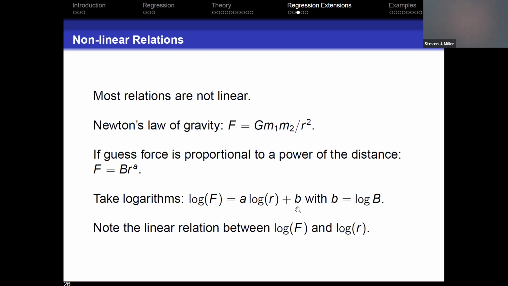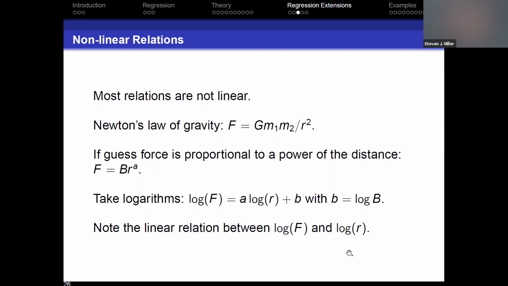And so I'm going to use little b to denote the log of big B. And now you might actually get some idea of why I chose to use a big letter for the constant and a lowercase a for the exponent, because I know when I finish the calculation, I will get something that's linear. And so now we get the log of f is a log of r plus b. So we have a linear relationship between the log of f and the log of r.